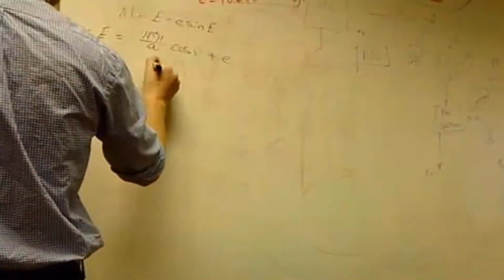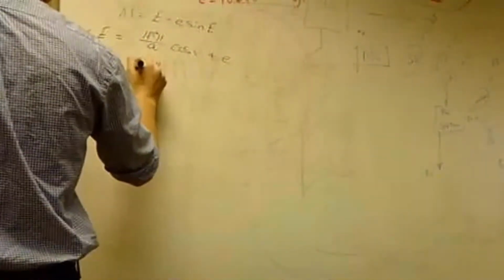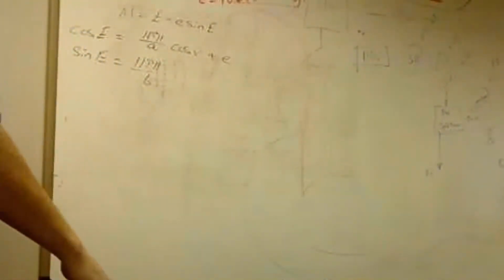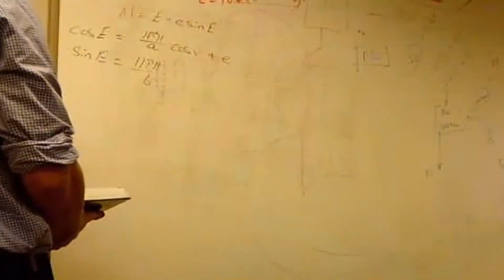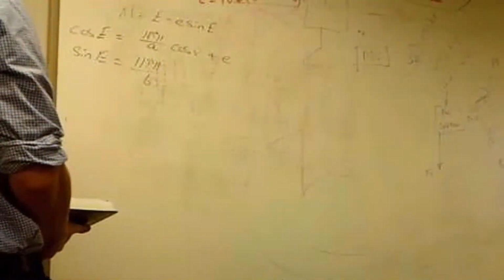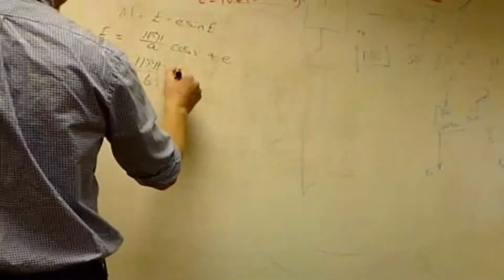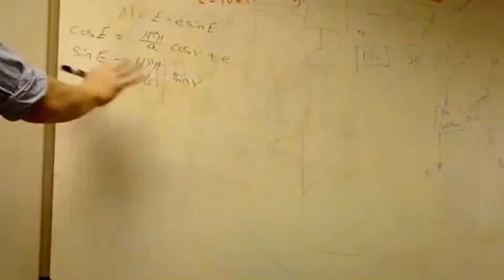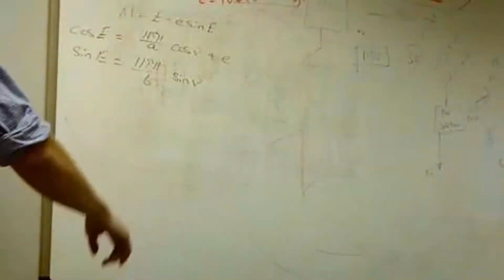And then this is the semi-minor. B is actually the semi-minor axis. You can actually get around that if you want to and use a different parameter, but for now, just to make it easy on myself, we're going to use the semi-minor axis.